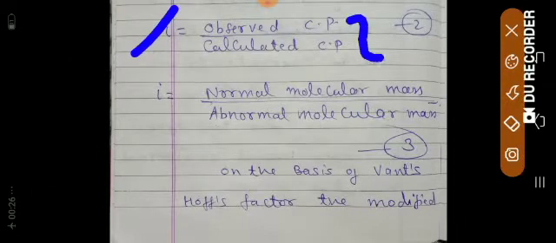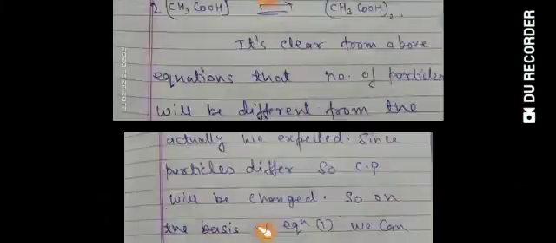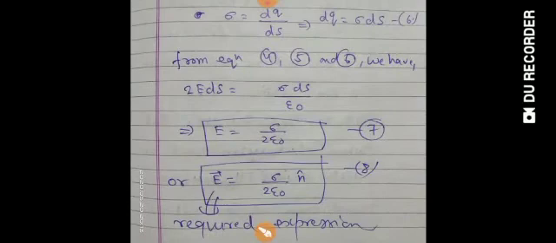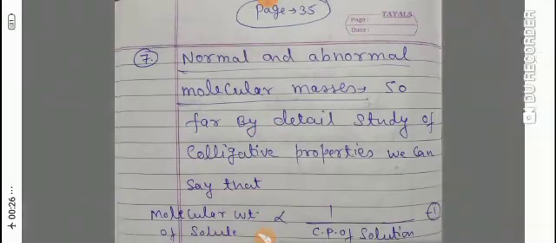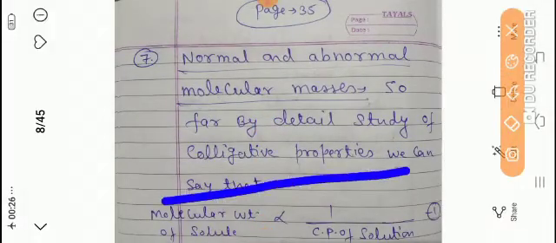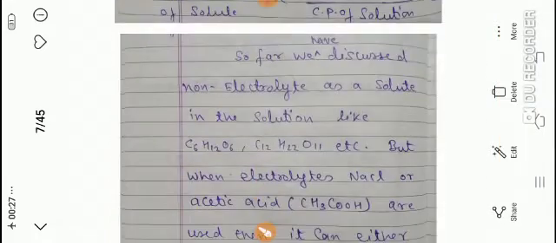Observe Cp. I calculated Cp because there are 2 types of particles, one expected and one actual, so there would be 2 types of Cp. Since Cp depends on the molar masses, I explained earlier, on this page, that the molecular weight of solute is inversely proportional to Cp of solution.